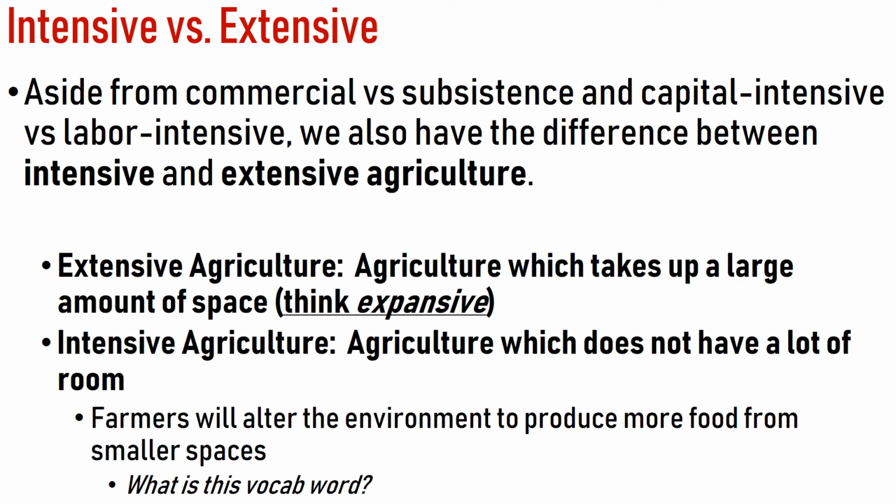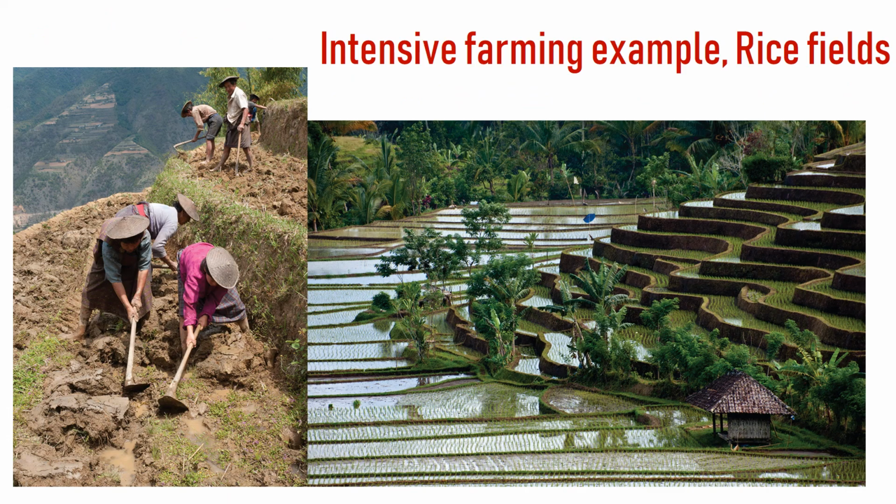Now, farmers will alter the environment to produce more food from smaller spaces, and we're going to explore this idea, but what vocab word is it? And right away, what should be popping into your head is environmental possibilism. So when we talk about intensive farming, because they don't have the luxury of all this land, they have to alter the land to increase the area.